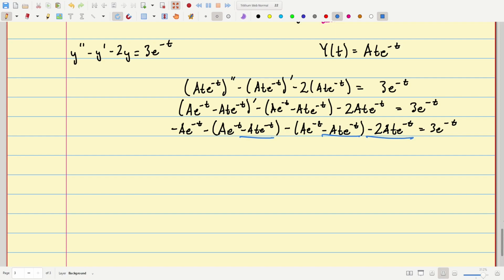So those all add out, which we're happy to see because I don't have any of those over on the right-hand side. So this reduces to -3a e to the minus t is equal to 3e to the minus t. A is -1.